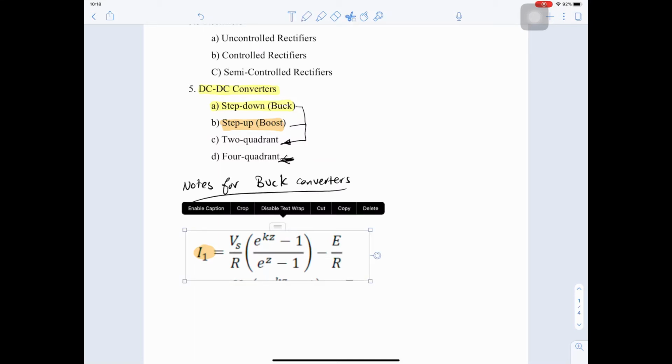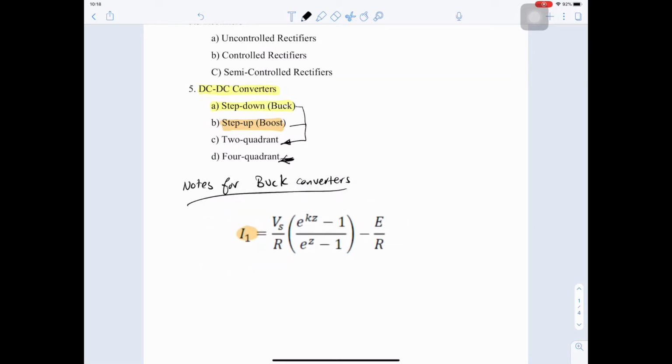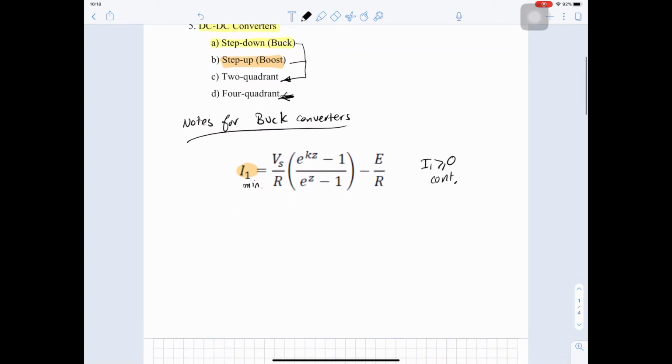Last lecture we had this equation for I1, the minimum current, and we mentioned that I1 has to be greater than or equal to 0. So it is a continuous operation, and this is a continuity check.